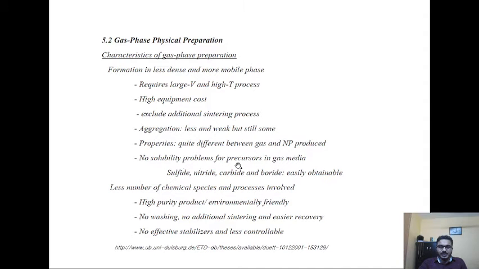A few examples given here are sulfide, nitride, carbide and boride, and all of these are easily available. And here fewer chemical species and processes are involved. The advantage is a high purity product, and it is environment friendly. There is no requirement of washing or additional sintering, and it can easily be recovered.